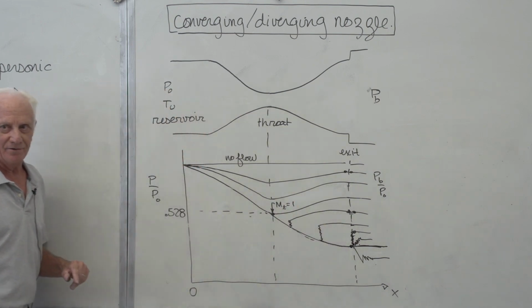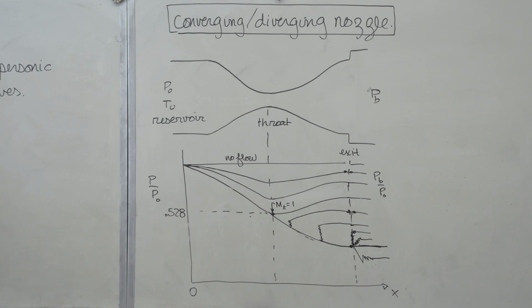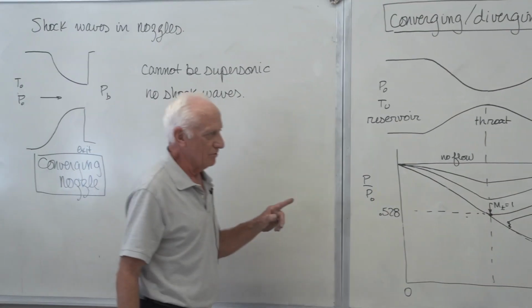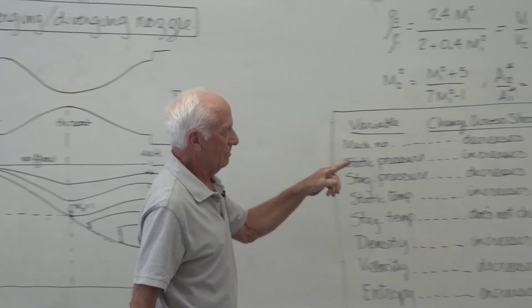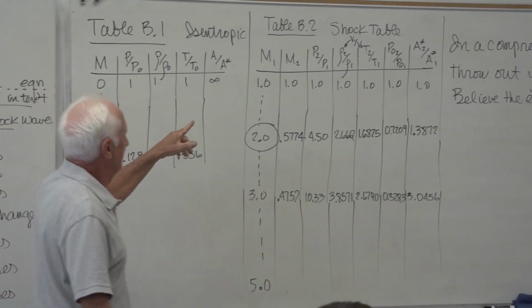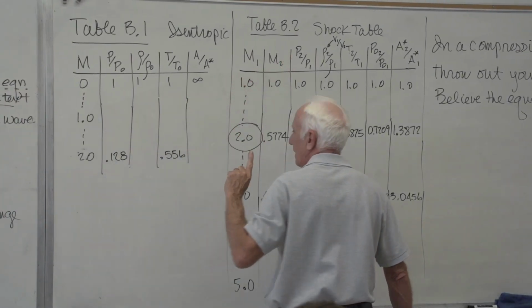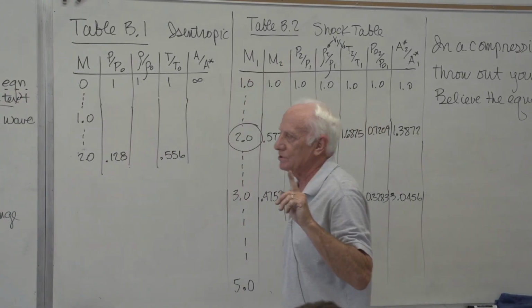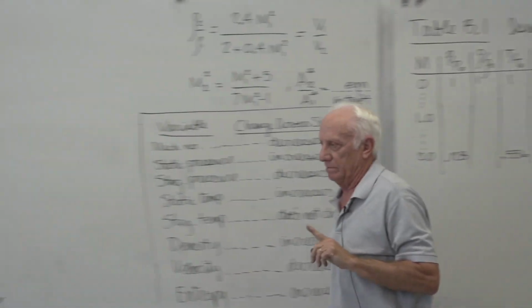You've got to understand the road map, because that's going to tell you which table to go to. If you see a shock wave, use table B2. If you're in a region where there's no shock wave, use table B1.